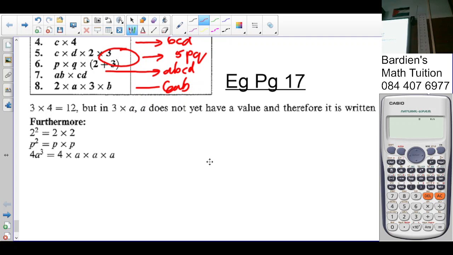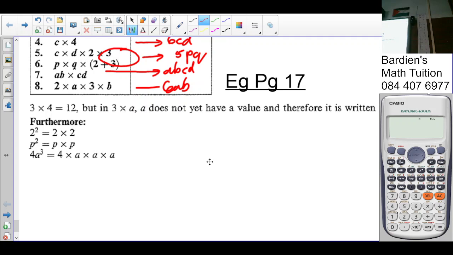A, B, X, Y, Q and all of those are what we call variables. It can be any value, it can vary, it can change. A does not yet have a value, and therefore is written as 3A.